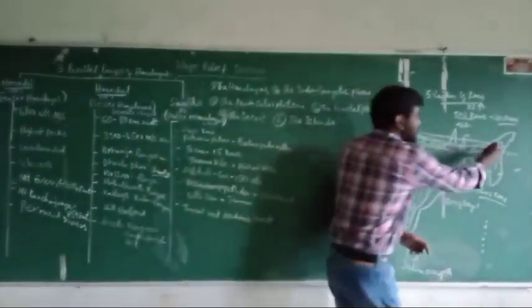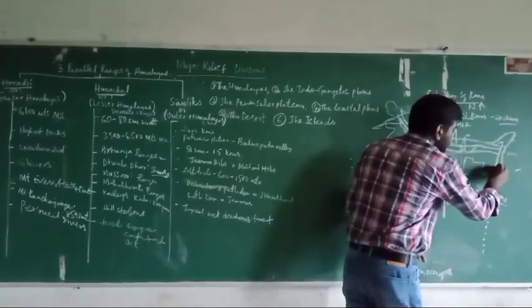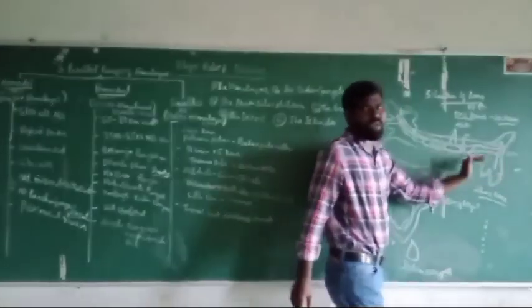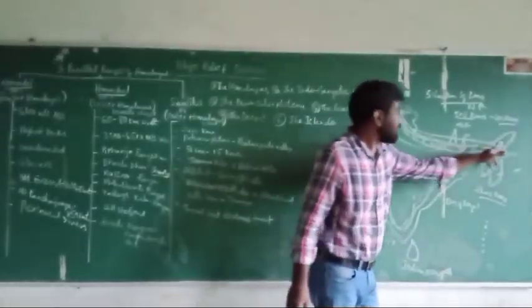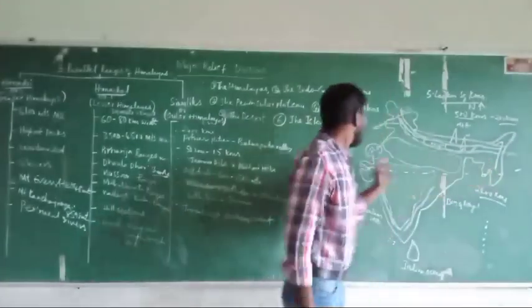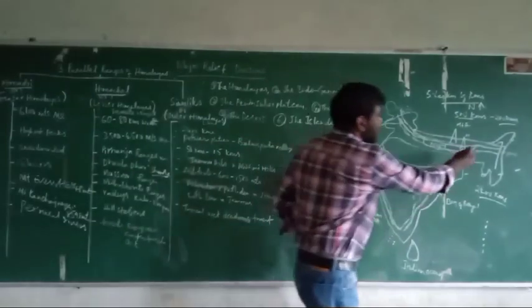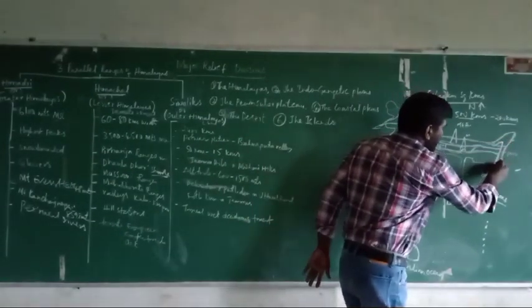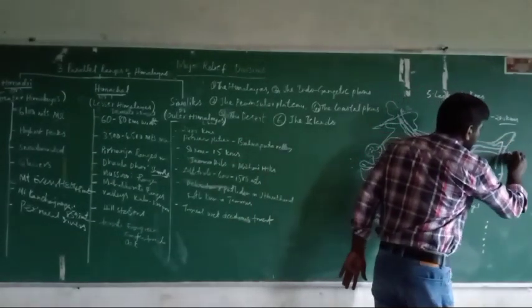They form the eastern boundary of our country. They run in a north-south direction. After taking the hairpin bend, they are called the Purvanchal ranges.